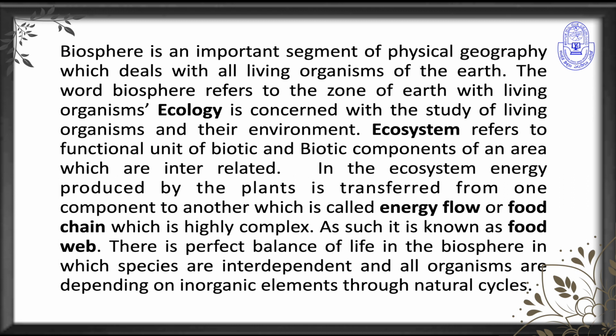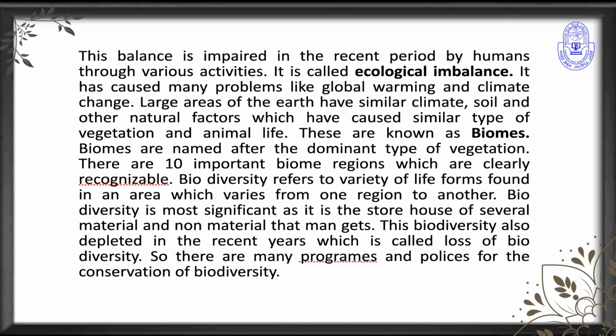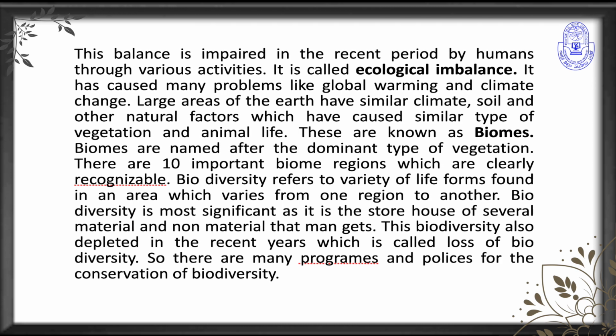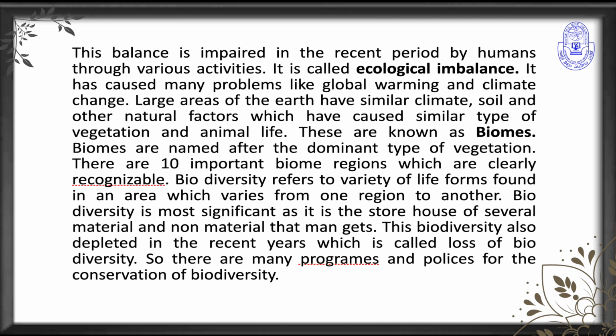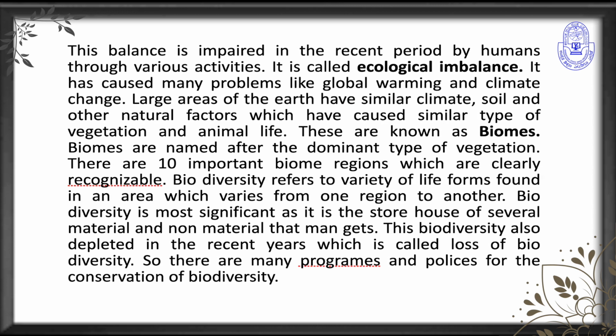There is perfect balance of life in the biosphere, in which species are interdependent and all organisms depend on inorganic elements through natural cycles. This balance has been impaired in recent times by humans through various activities. It is called ecological imbalance. It has caused many problems like global warming and climate change.